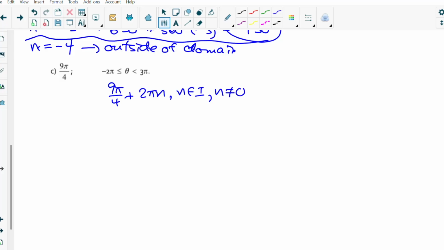N does not equal 0. Okay. Let's do this, folks. Let's change this to a fraction with a denominator of 4. That's like saying negative 8 pi over 4. 12 pi over 4. Okay.